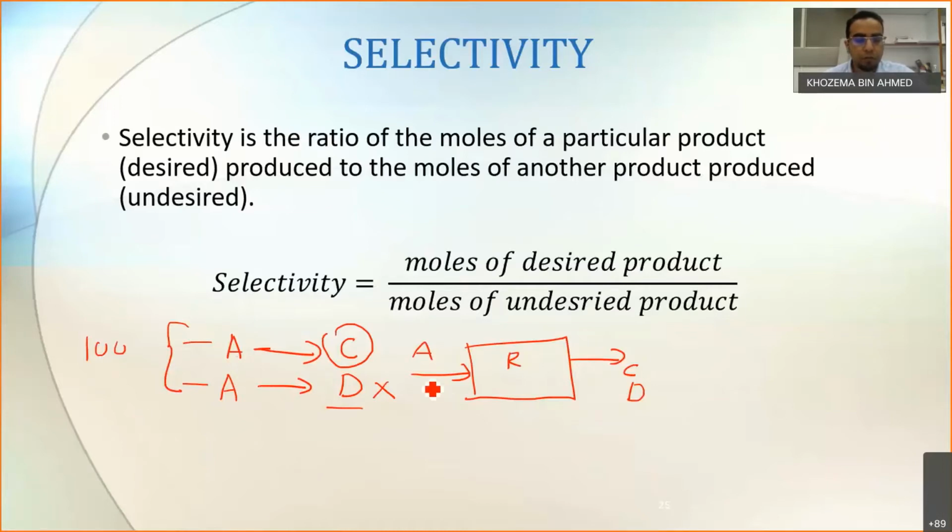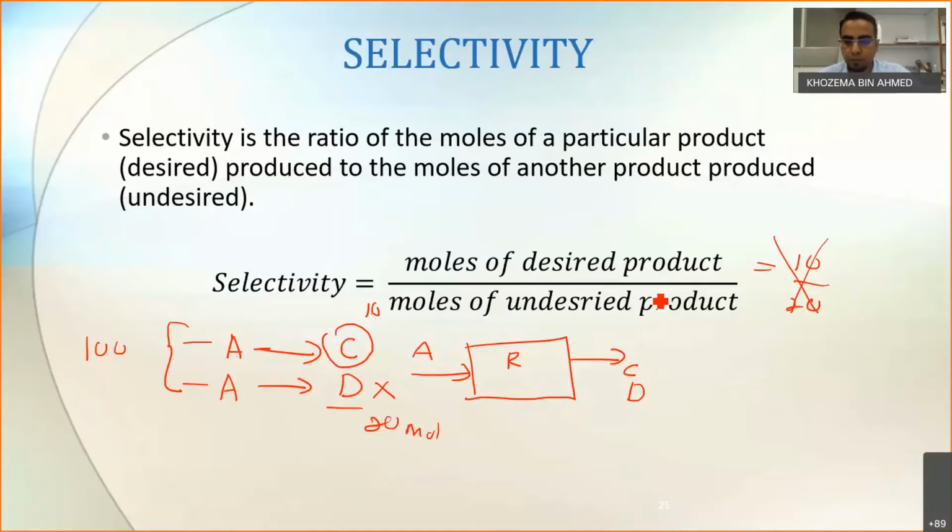Initially, let's say I have 100 mole of A. This 100 mole will produce, let's say, 10 mole of C and 20 mole of D. If I put in these values, C is my desired product and D is my undesired product, so I will have a selectivity of 10 over 20, which is a small number, which is not good for me.